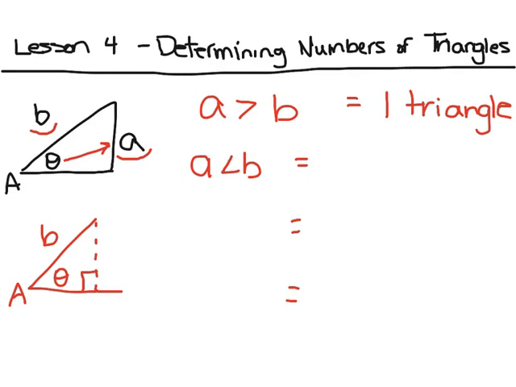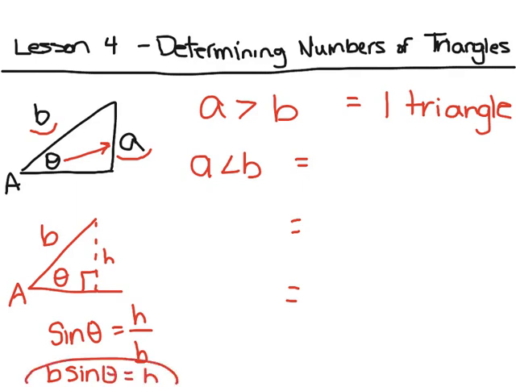To find that, you take the sine of your angle is equal to H over B, the side you've been given. So really what you'll type in is B sine theta is equal to H. If you find that A is equal to H, you have a right triangle. There's one triangle possible.